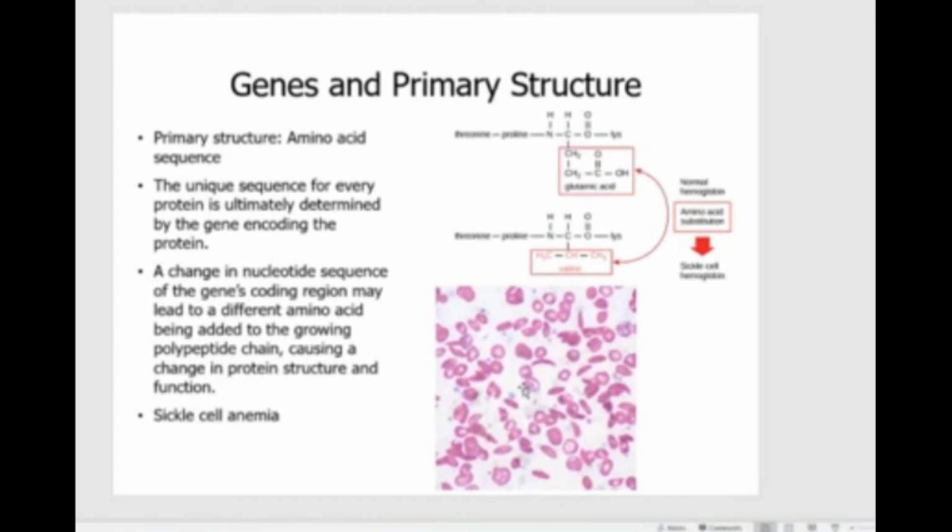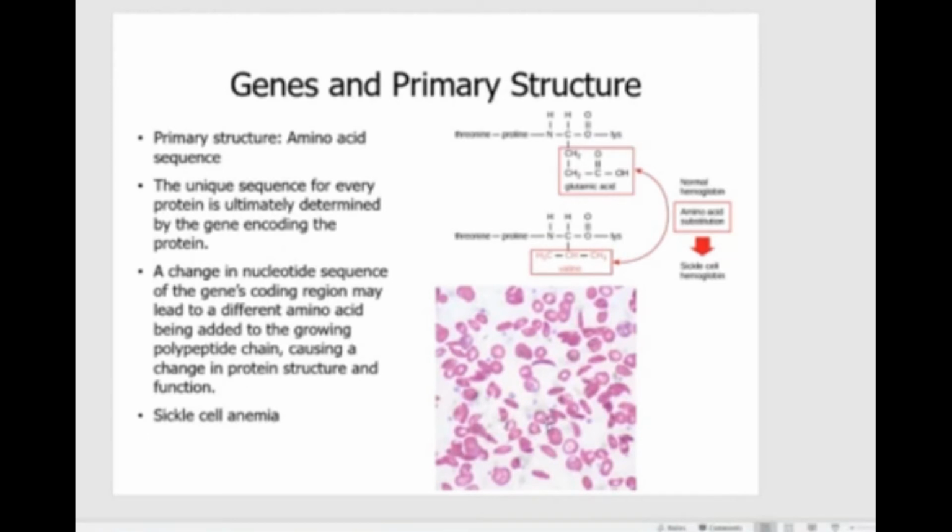I've heard some really terrible things about this disease. Now all that is caused by a change in one amino acid. When you have a mutation, it's going to make valine, this amino acid, instead of a glutamic acid. Okay? Now, because of this one amino acid change, the structure of the entire protein changes.